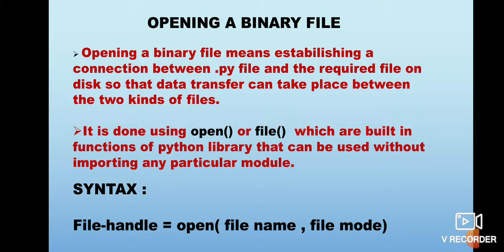That is why we need to first open the file, and there are certain things that you need to remember while opening the file. First is that you have to specify which file you want to open, and second is for what purpose you want to open that file.